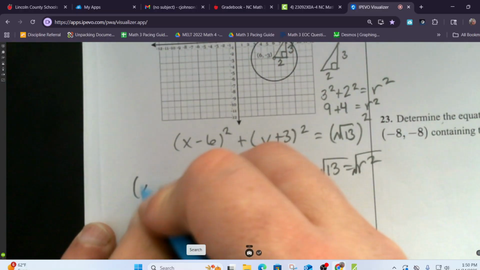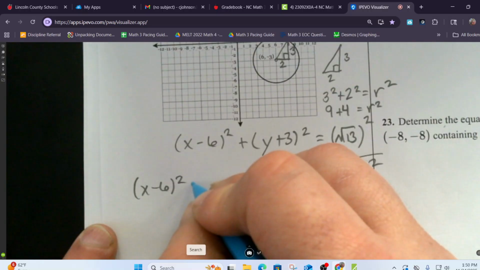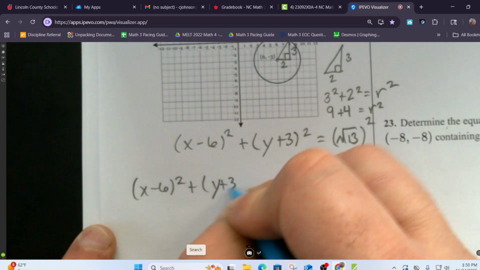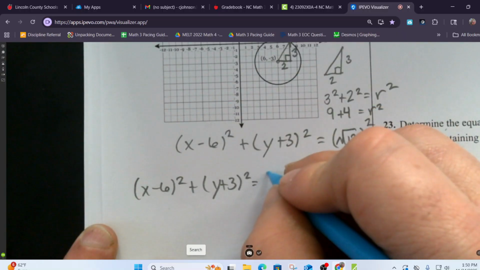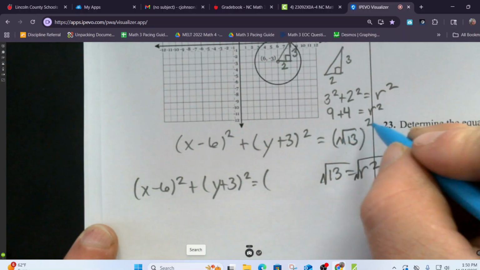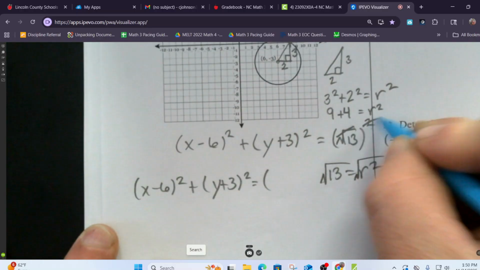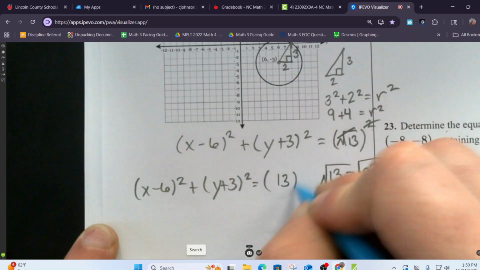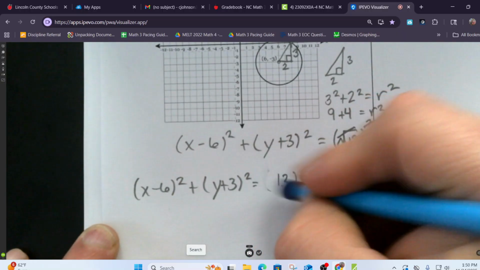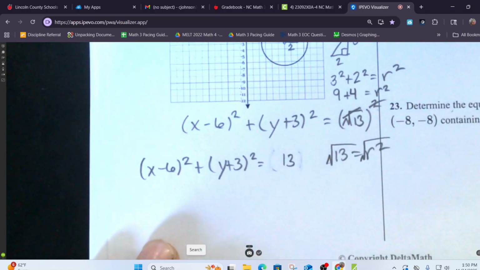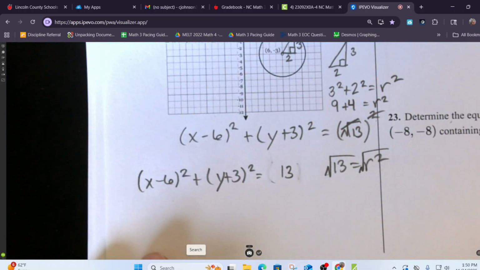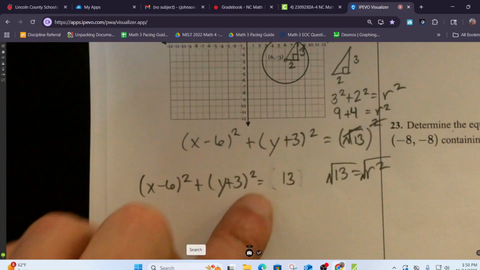Finishing up, (x - 6)² plus (y + 3)². If something has a square root and I square it, it just knocks that off. So the equation of that circle is (x - 6)² + (y + 3)² = 13.